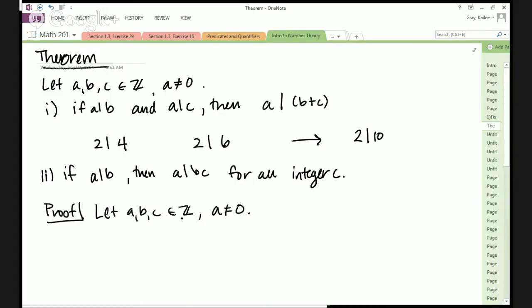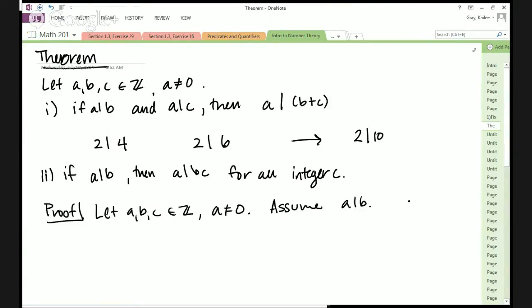And so let's assume A divides B. Once I start with that assumption and I've got some divisibility property going on between some of my values, I'm going to rewrite that relationship using the definition.